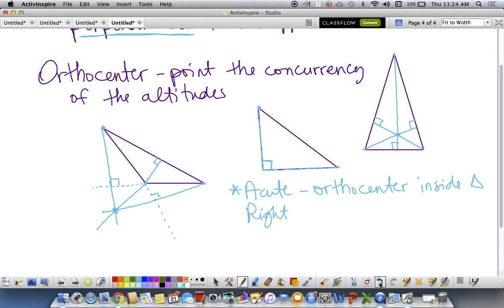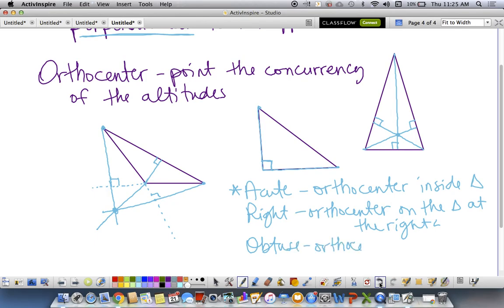A right triangle, the orthocenter will be on the triangle at the right angle. And last, the obtuse triangle. The orthocenter will be outside the triangle. Okay?